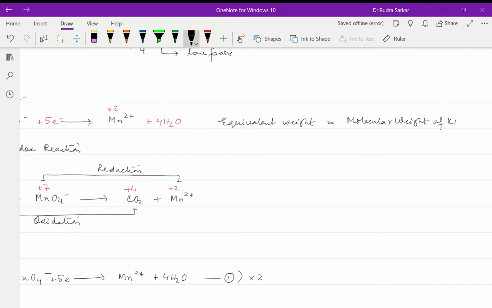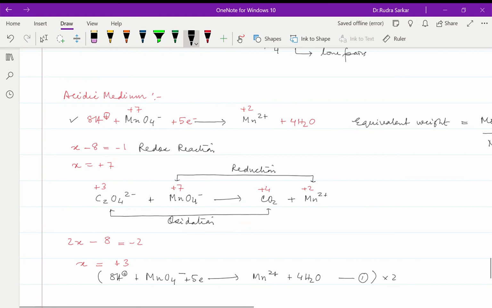So if they say for KMnO4, then simply you divide it by the number of electrons involved over here. That will give you the equivalent weight of the KMnO4.